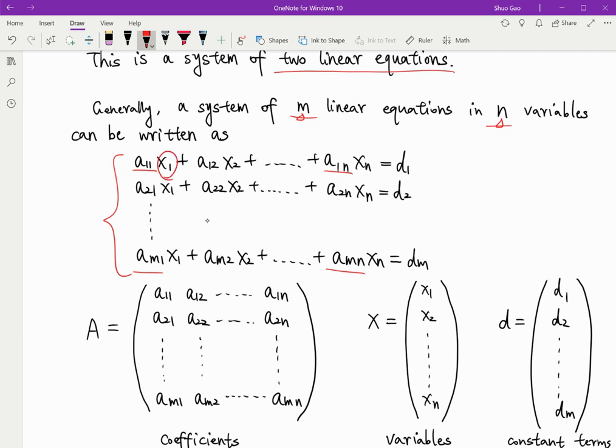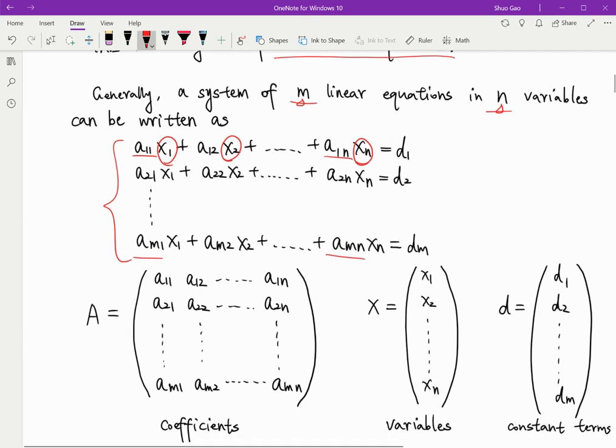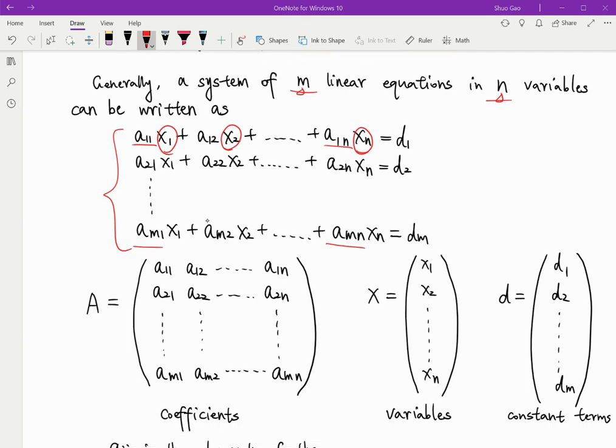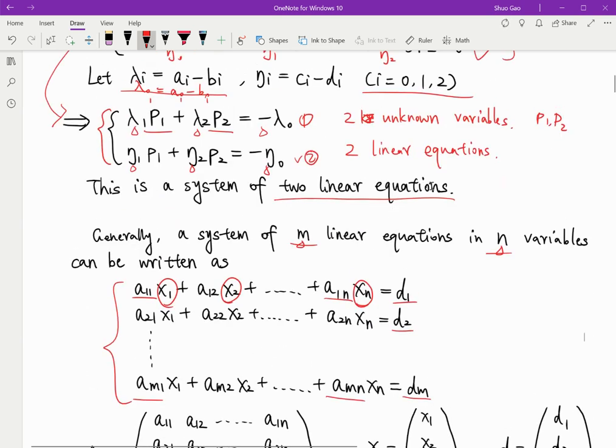And all the x here are the variables we need to solve, or unknown variables that we need to find the answer of. And the D1, D2 to Dn, they are also constant terms, right? So this is a generalization of these 2 equations here.